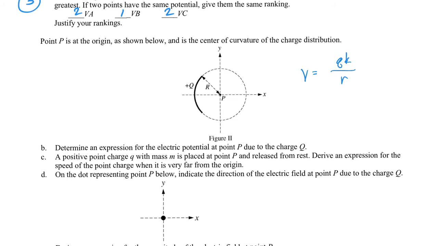Well, every point there is the same distance r away from the charge. So you could reason out that that's the answer. But if you don't like that, we could do it the actual way.